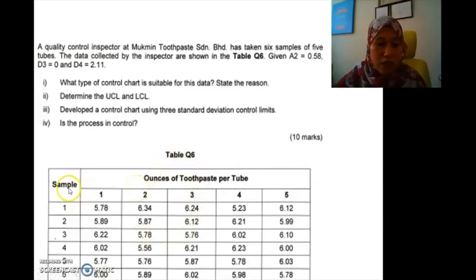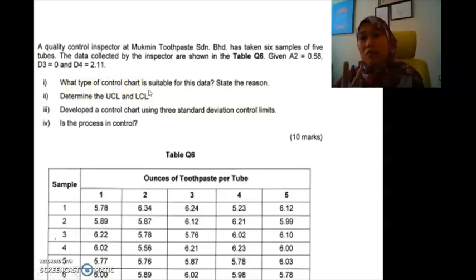Okay, so they have taken 6 sample lot and each sample have 5 sample size. Okay, so here they give information on the A2, D3 and D4, and since this is measurable in ounce, so we know that the suitable control chart for this data is variables.